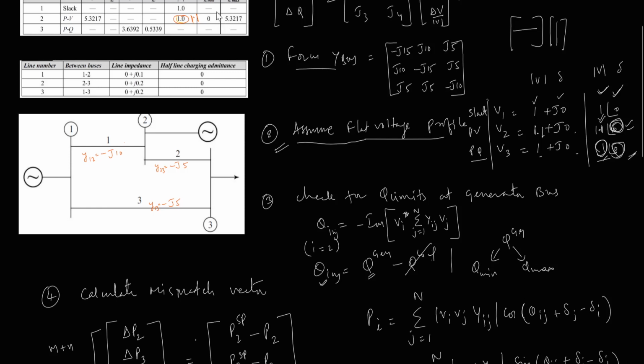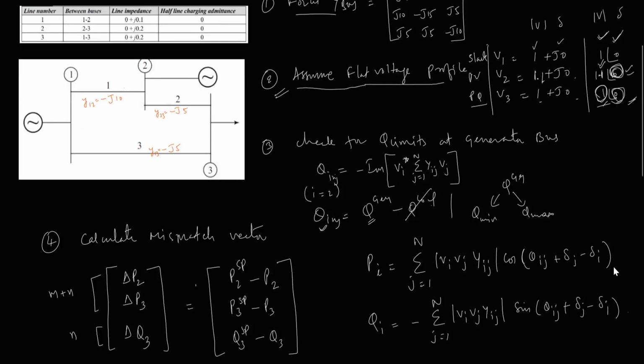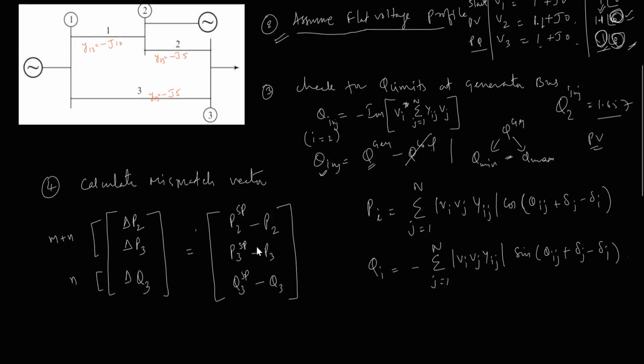The Q limits are 0 and 5.3217. So I got Q2 injection equal to 1.65, which is within the limits. So this second bus is acting like a PV bus.